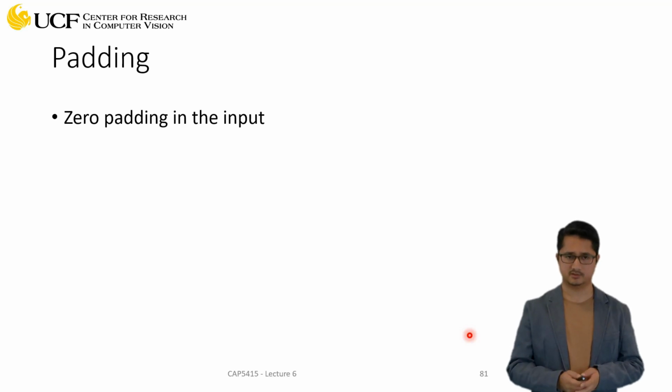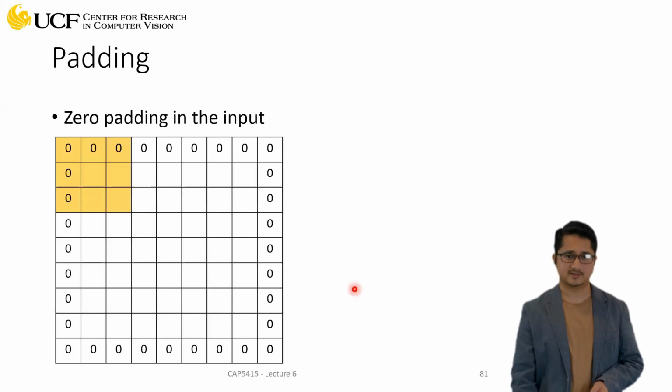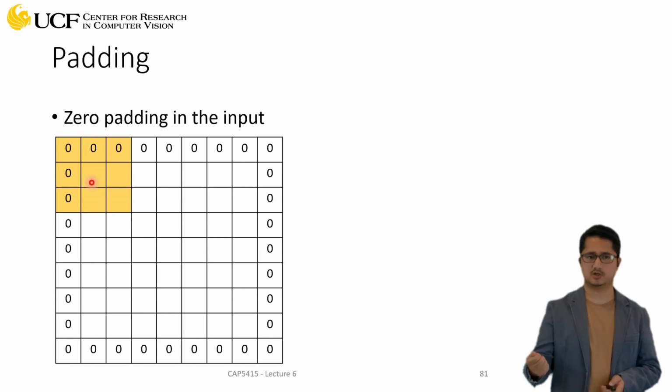Usually zero padding is used, by which we mean you just use a value of 0 in the border. Then if you are using a 3x3 filter, with these 0 values you will still be able to place your filter at the first pixel location. Earlier, it was not possible. So that's one motivation to use padding.